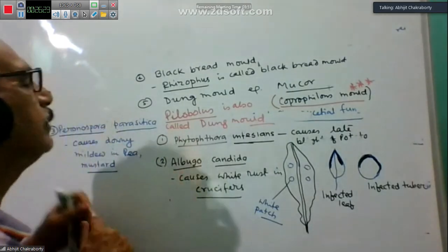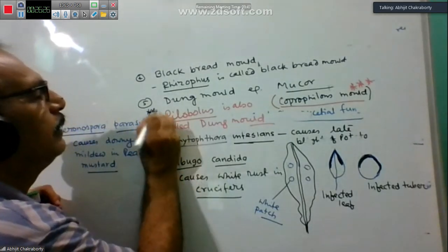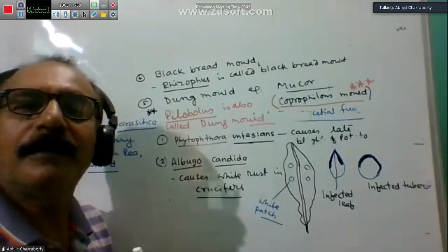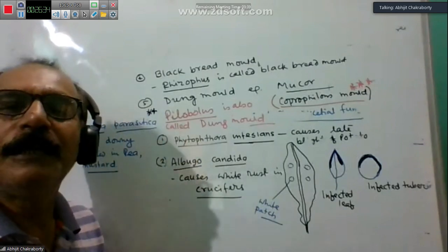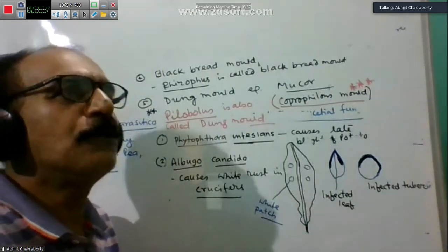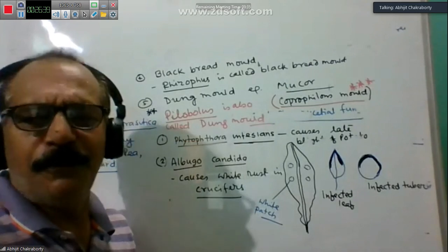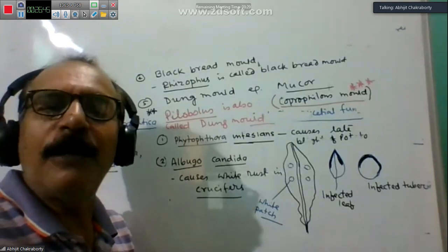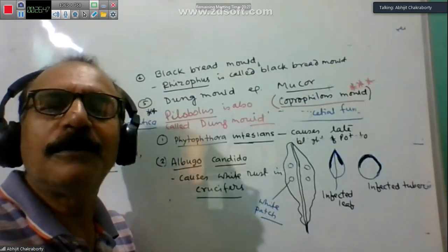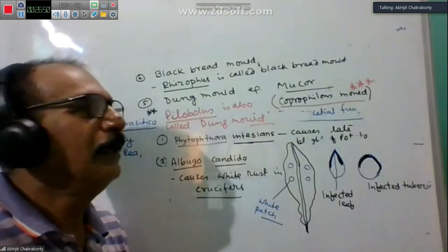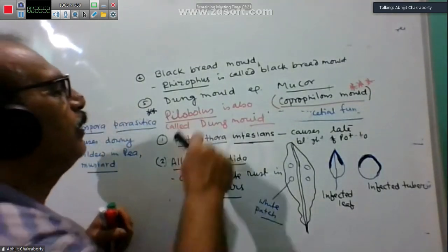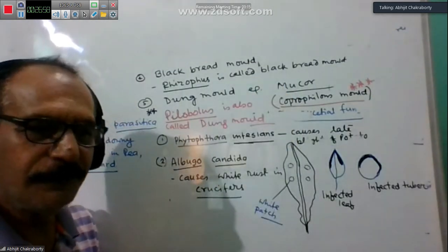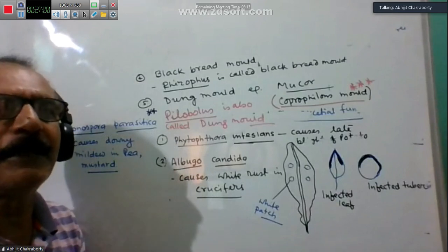Sometimes a question comes like this: the dung mold is or are given as Mucor, Pilobolus, Rhizopus, Phytophthora. Phytophthora is not a question. Then whether Mucor or Pilobolus, and another option should be both these options. So in that case, remember Pilobolus and Mucor, both are dung molds. So these are the important phycomycetial fungi.